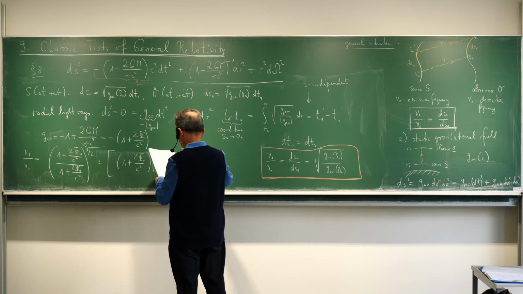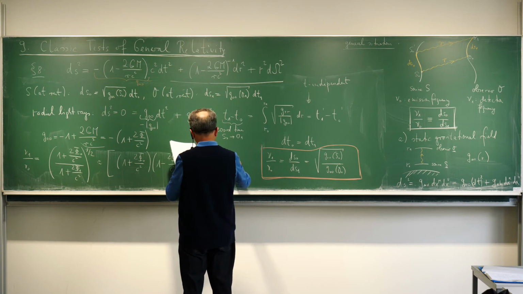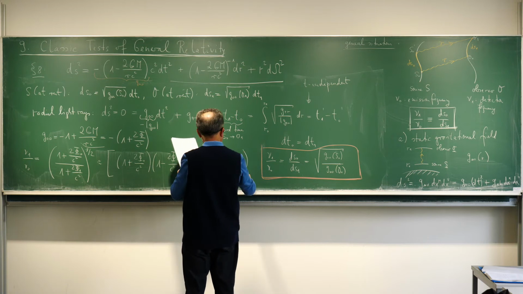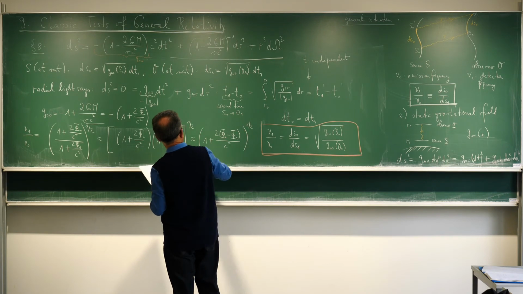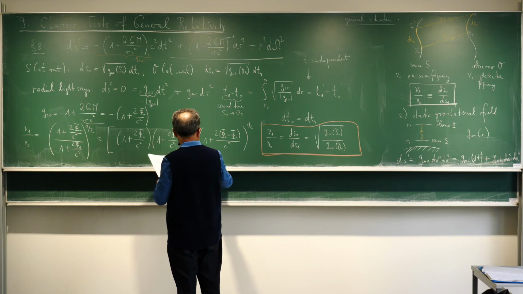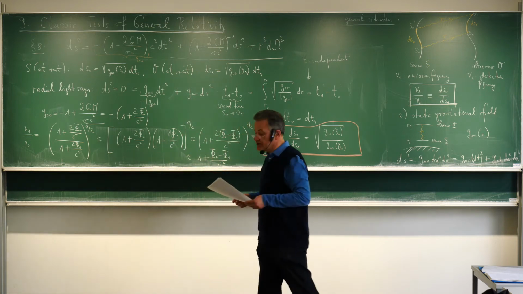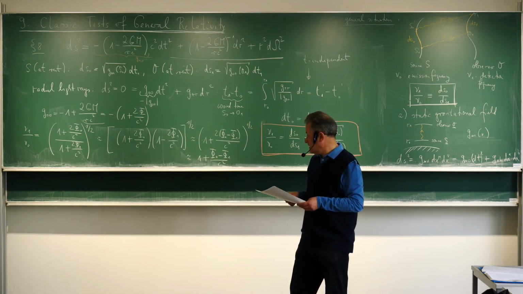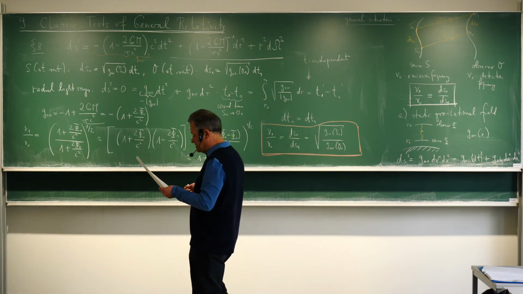So this is roughly 1 plus 2 times phi naught minus phi 1 over c squared, to the 1/2, which, from expanding the square root, is approximately 1 plus phi naught minus phi 1 over c squared. And you see, this is just our old result that we got in section 4.2 from the equivalence principle.